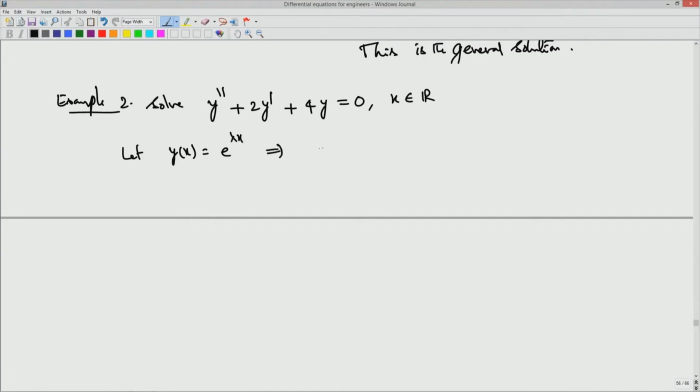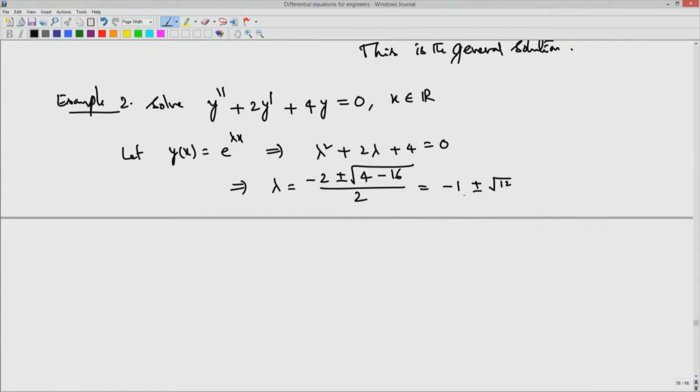If you substitute, this will give me lambda square plus 2 lambda plus 4 equal to 0. So, this will give me lambda equal to minus b plus or minus square root of b square minus 4 into 4, that is 16, divided by 2. So, this will give me minus 1 plus or minus root 12 by 2. So, this will give me minus 1 plus or minus root 3.